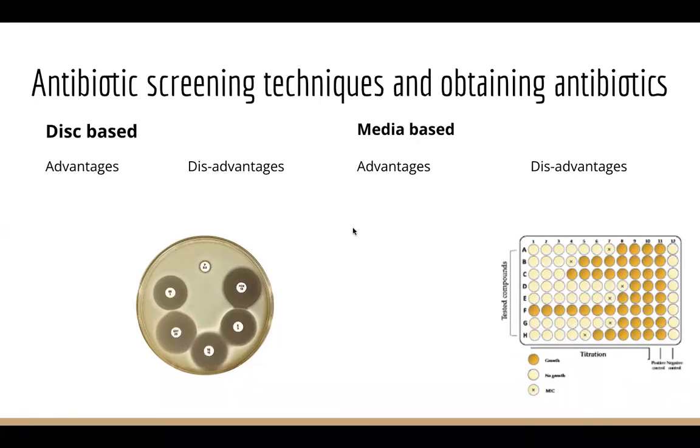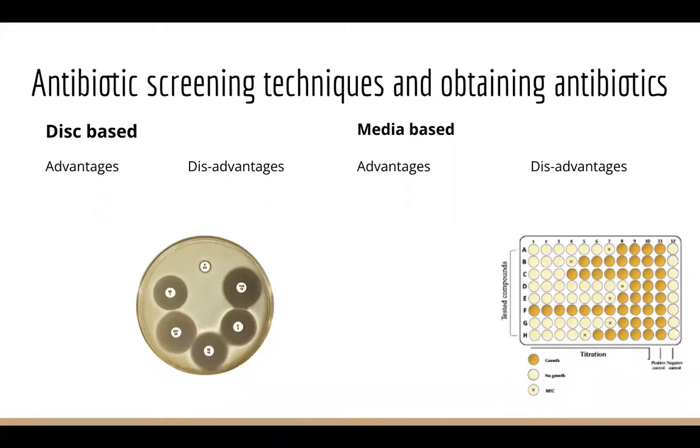The advantage of the disc method is there's very little manual work that goes into it. Once you've made the plates and got a disc, you just need to measure the radius of the zone, and you can measure multiple antibiotics at the same time, and there isn't a lot of pipetting. The amount of materials, like pipette tips, is also reduced.